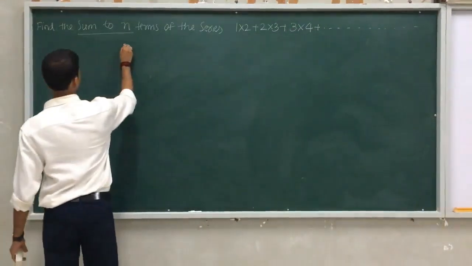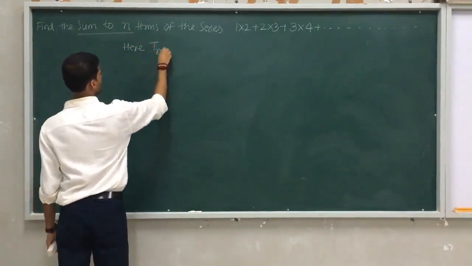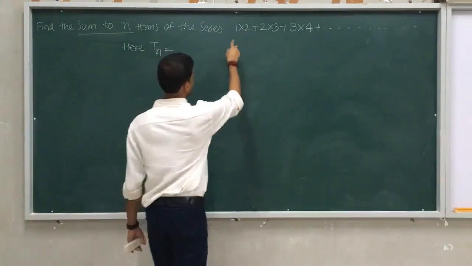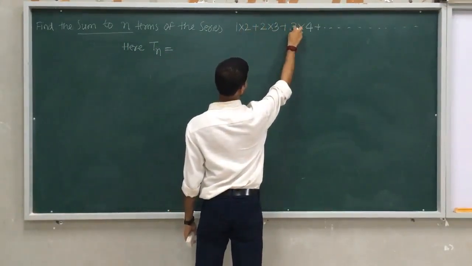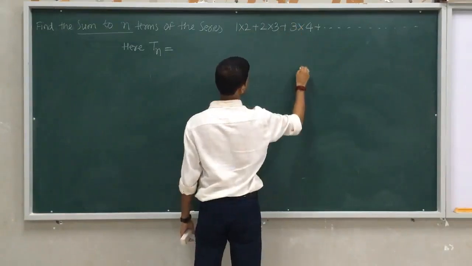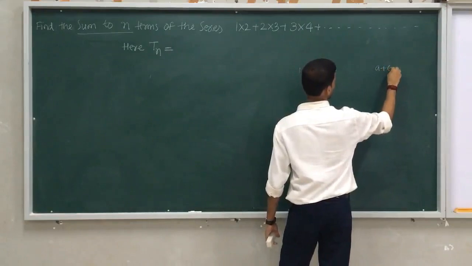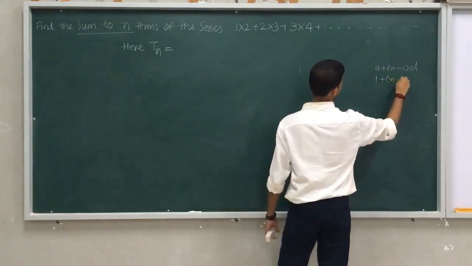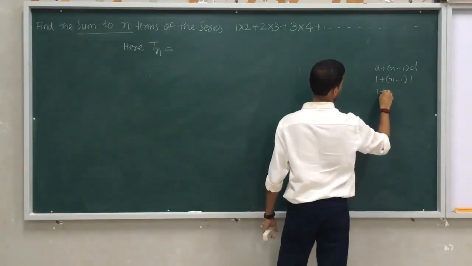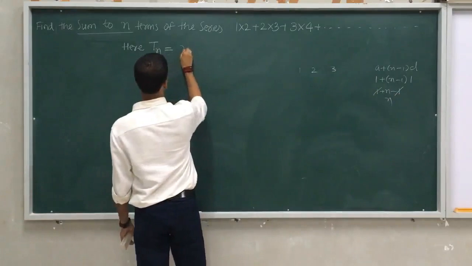Here Tn is nothing but, look at the pattern. Look at the first factor: 1, 2, 3. The nth term is given by a plus n minus 1 into d. Here a is 1 and d is 1, so 1 plus n minus 1, the 1 and minus 1 cancel, so the first factor is n.